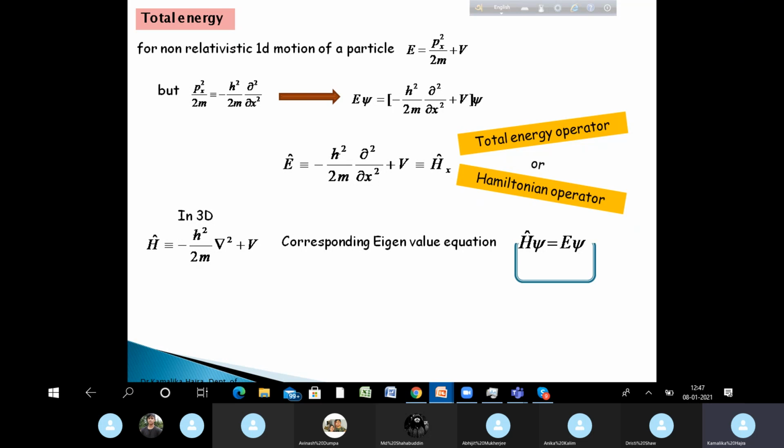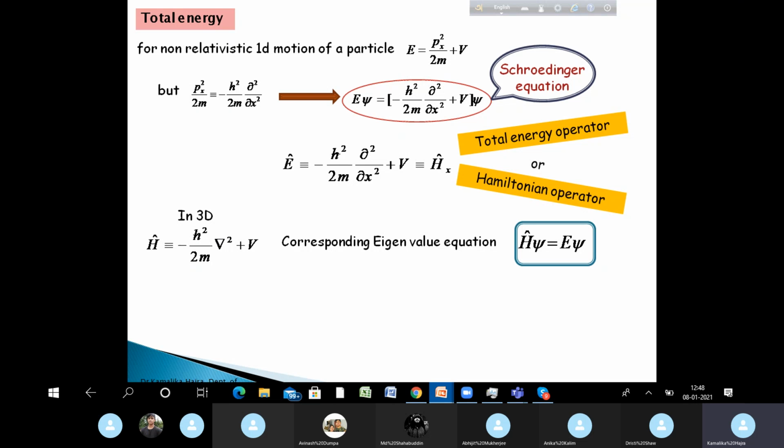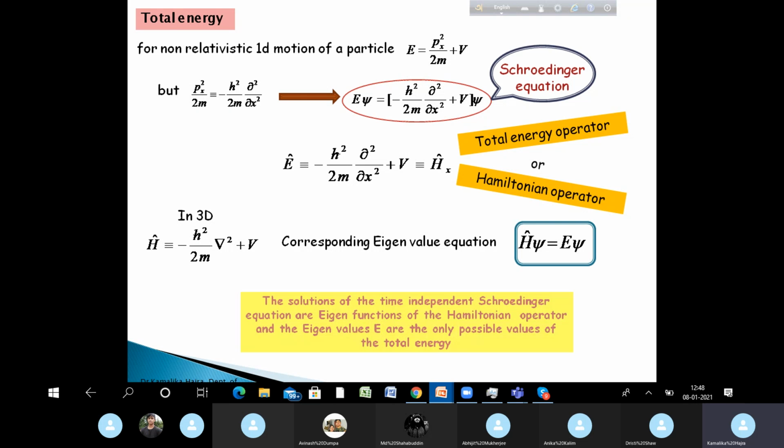All right. Now you see this equation here, E psi equal to minus h cut square by 2m del 2 del x2 plus V whole operating on psi. This is nothing but the Schrodinger equation. If you can recall and if you can recognize, then this is nothing but the Schrodinger equation.